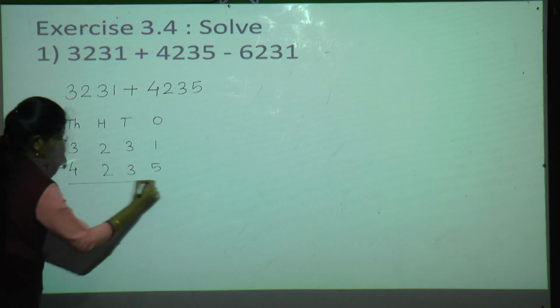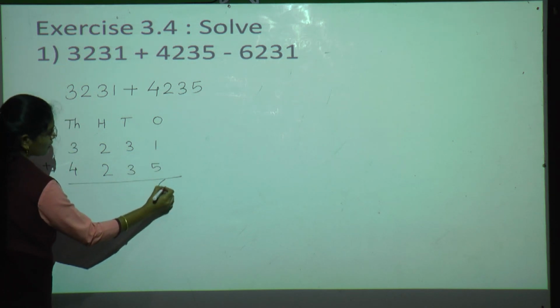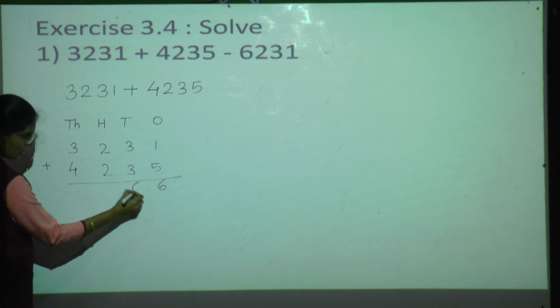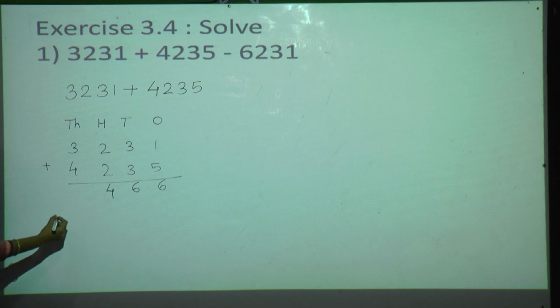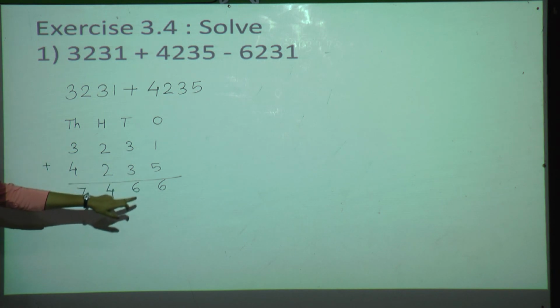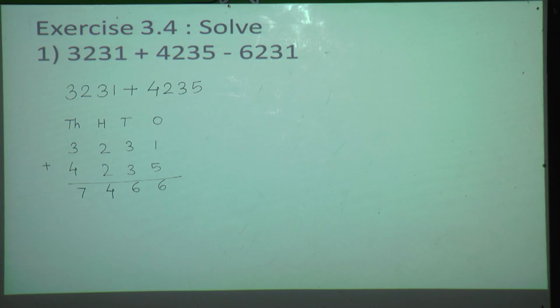Do the addition: 1 plus 5 is 6, 3 plus 3 is 6, 2 plus 2 is 4, 3 plus 4 is 7. Now here we got the answer 7466.